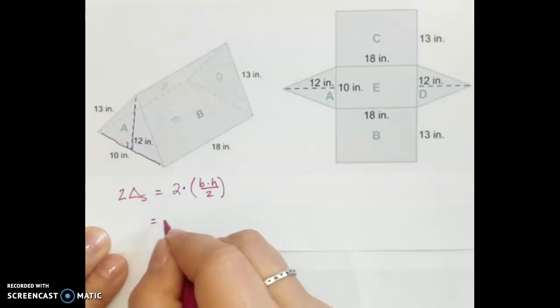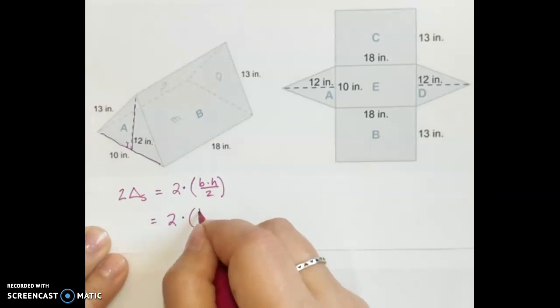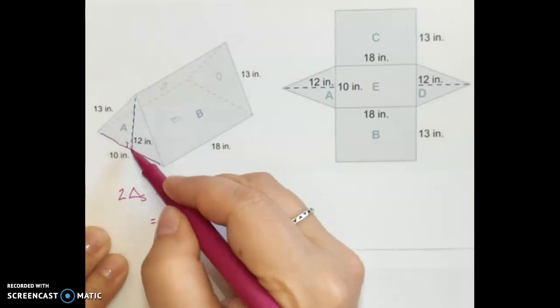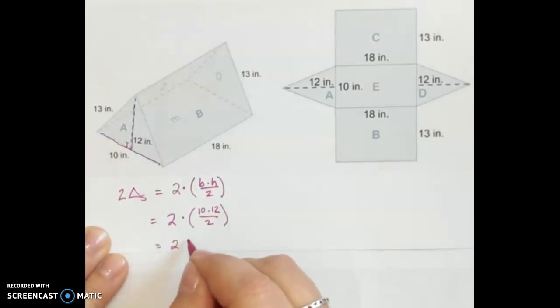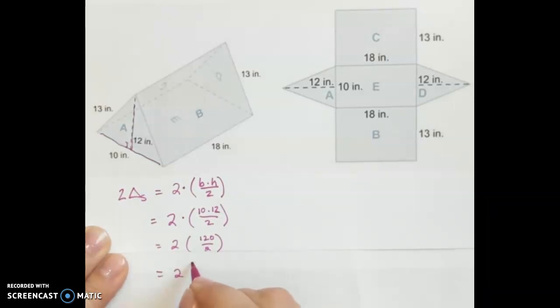So for these 2 triangles, I'm going to do 2 for the doubling, times 10 times 12 are my base and height here, divided by 2. 10 times 12 is 120 divided by 2. 120 divided by 2 is 60, and I'm going to double it so I have the 2 triangles. And the surface area of the triangles is 120 inches.